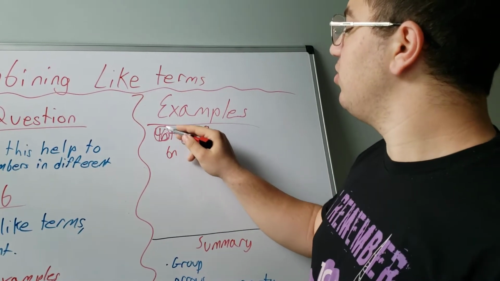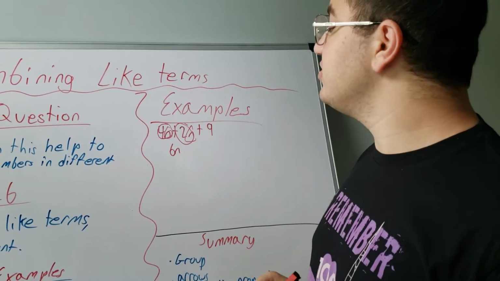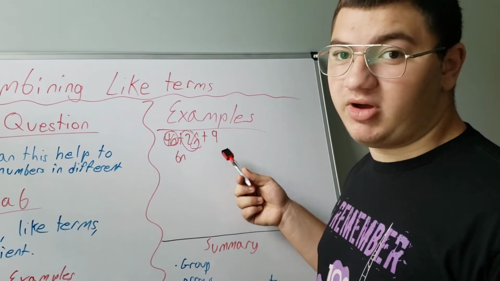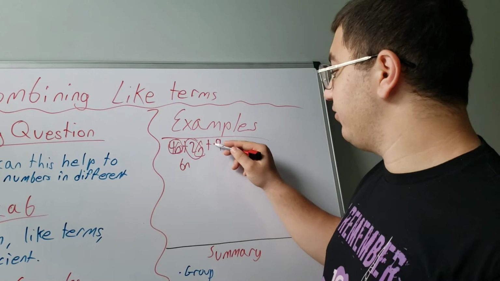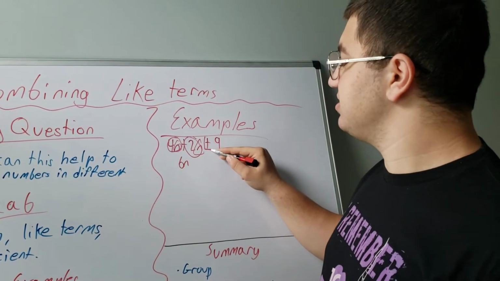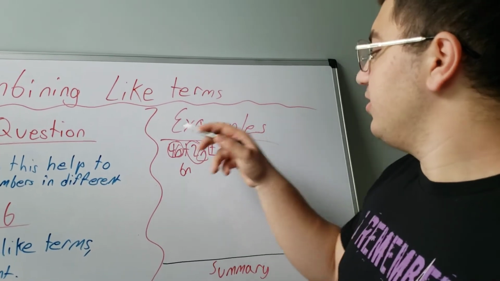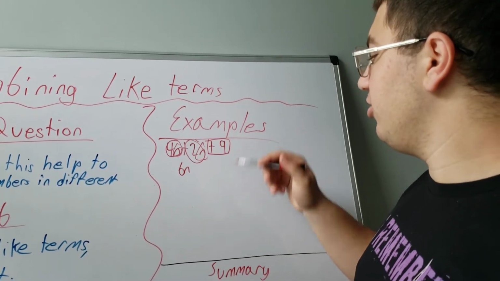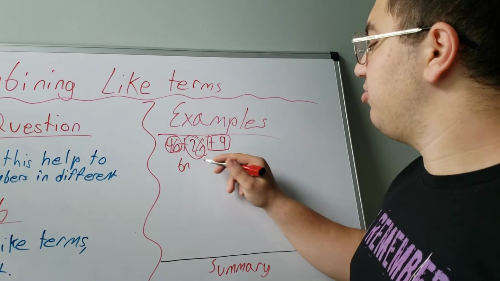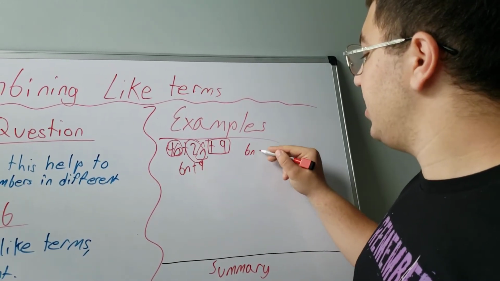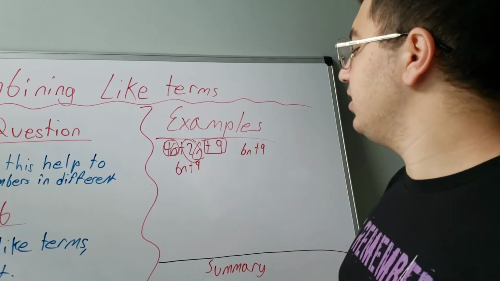I said this in a previous video, I like to circle the variables and square the others. So here we have a 9, a positive 9 since it has a plus in front of it, so we're going to square that. There is no other whole number without a variable in front of it, so we just put plus 9, ultimately giving us 6n plus 9.